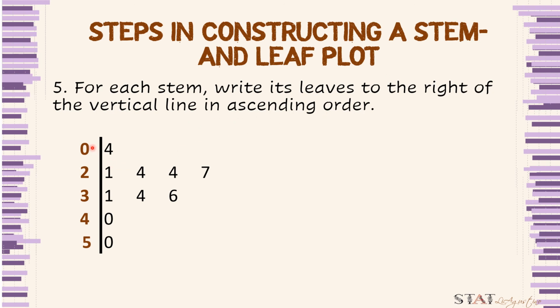For example, let's have the stem of 0 and then 2. Then put the leaves in that same row, on the same line, in ascending order. So that would become 21, 24. So just use the stem 2 here and then leaf 1, leaf 4, leaf 4, and then 7. So same thing with the other numbers. So that is the stem and leaf plot.